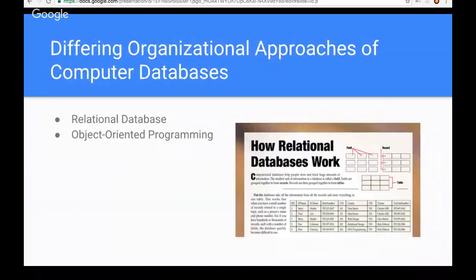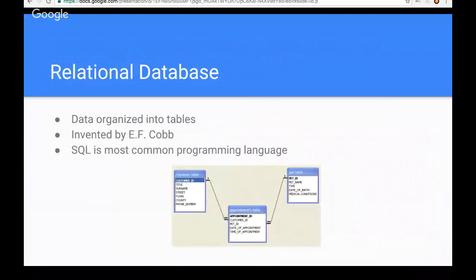So there are a few different organizational approaches to computer databases. The first one is relational databases, the second one is OOP, or object-oriented programming. Relational databases rely on data being organized into tables.